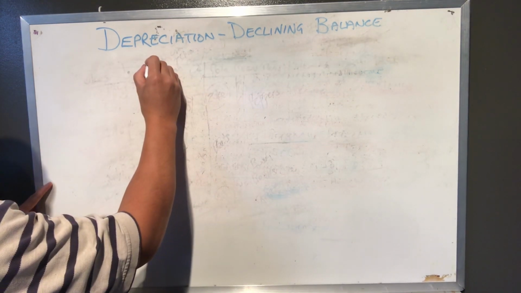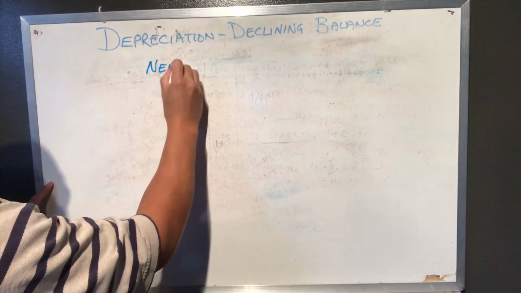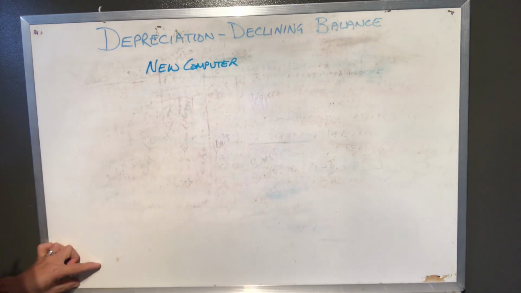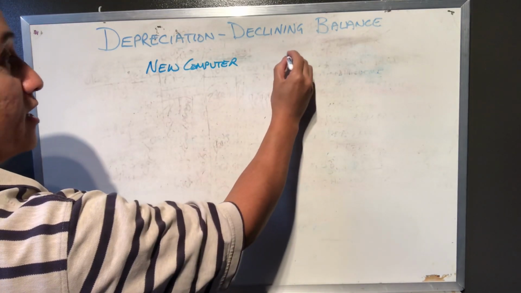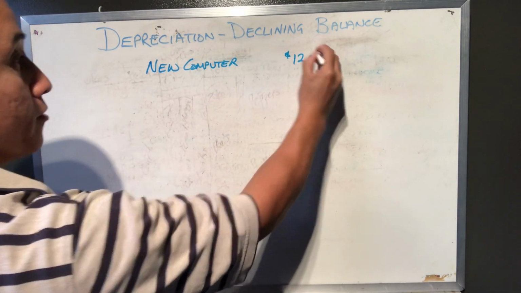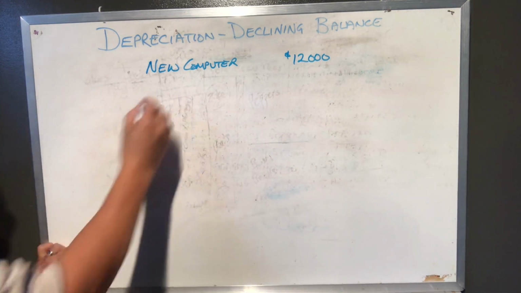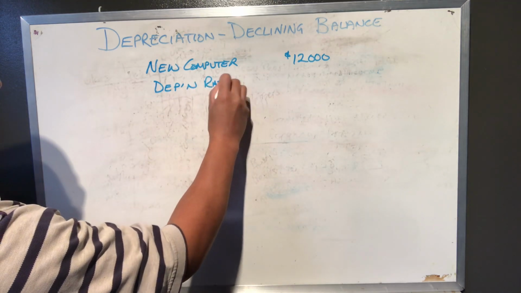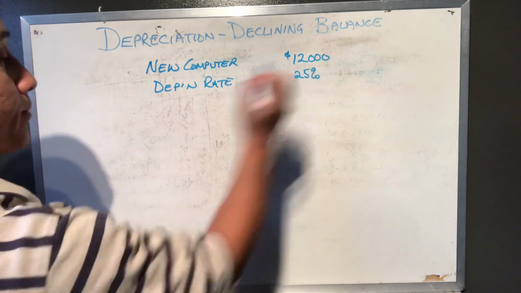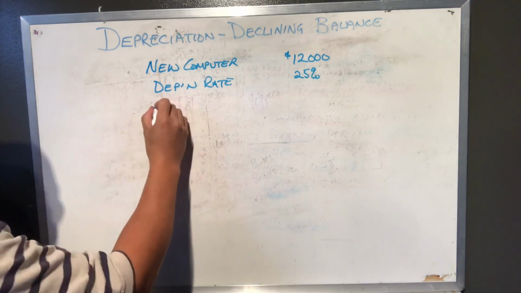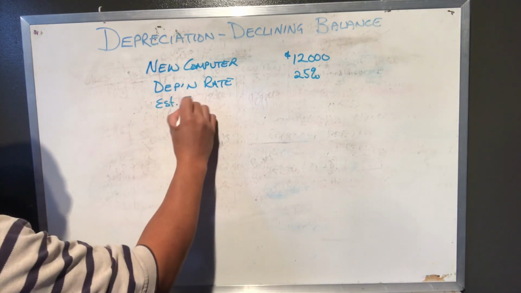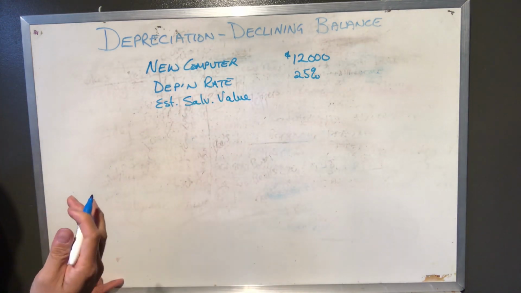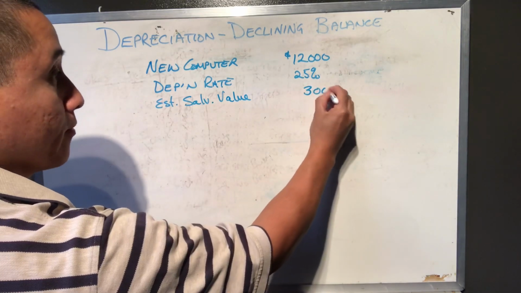Okay, so let's say that we have a new computer. The cost of the computer is equal to $12,000. Now, let's say that we've established a depreciation rate of 25%. And the estimated salvage value, we're going to deem that as being $3,000.